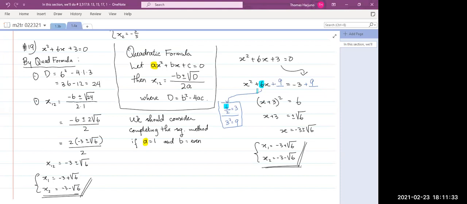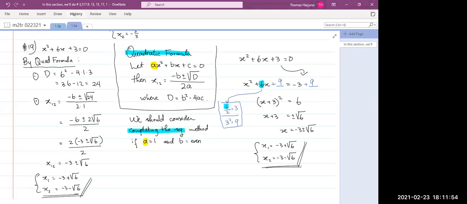Okay, I hope this explains under what situation you use the quadratic formula and under what situation you use completing the square. Both of these methods, completing the square and quadratic formula, are almost always slower compared to factoring. Factoring is almost always faster.